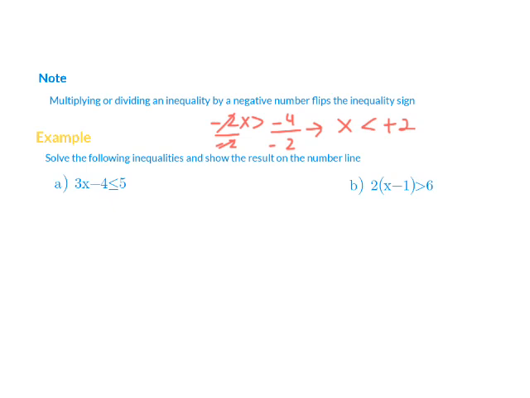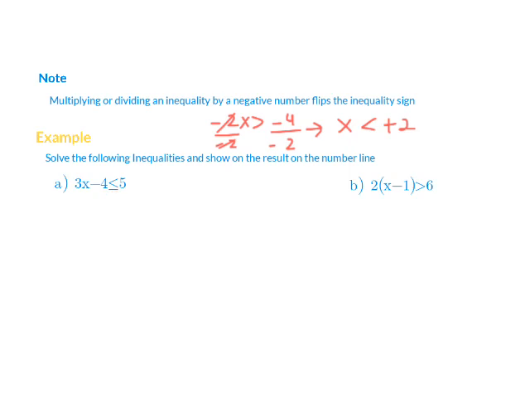Now, let's have an example. It says, solve the following inequalities and show the result on the number line. In part A, I have 3x minus 4 less than or equal to 5.